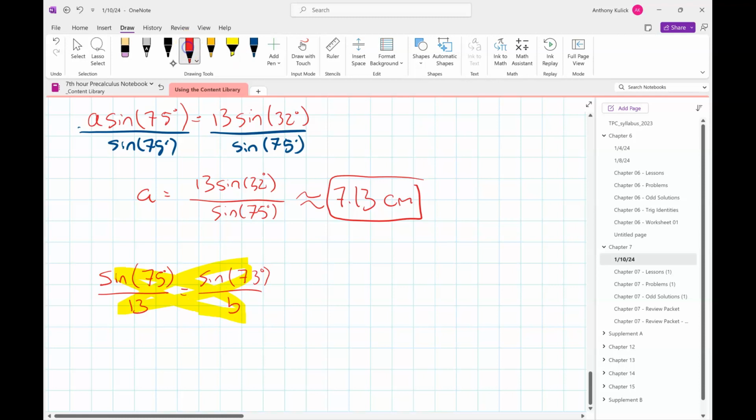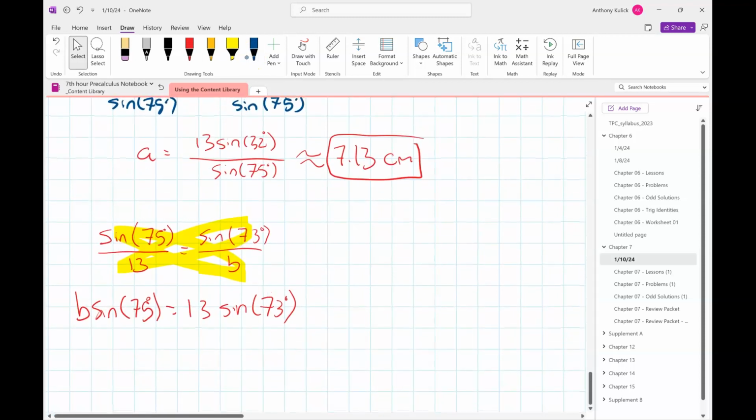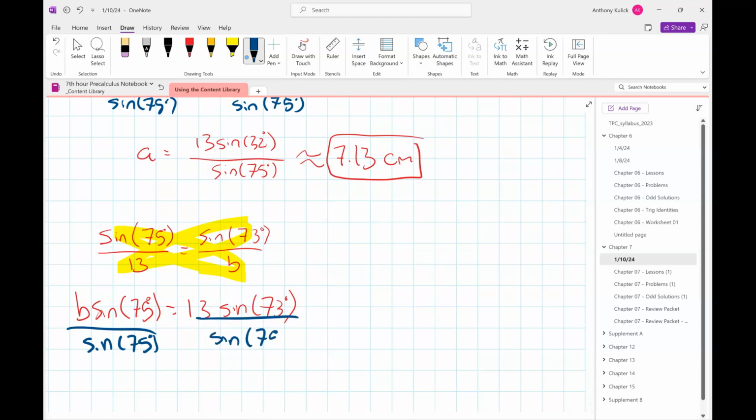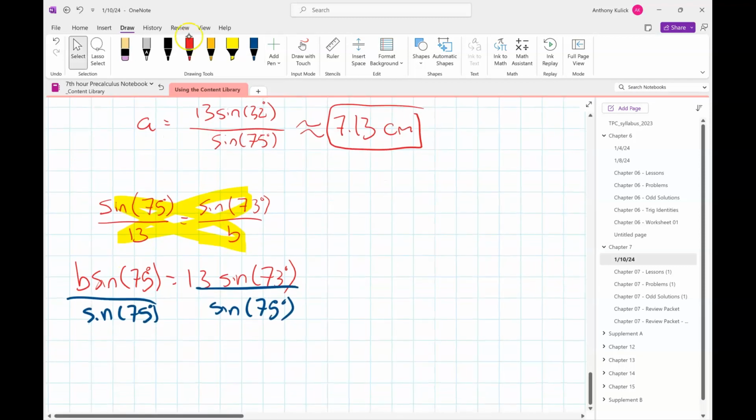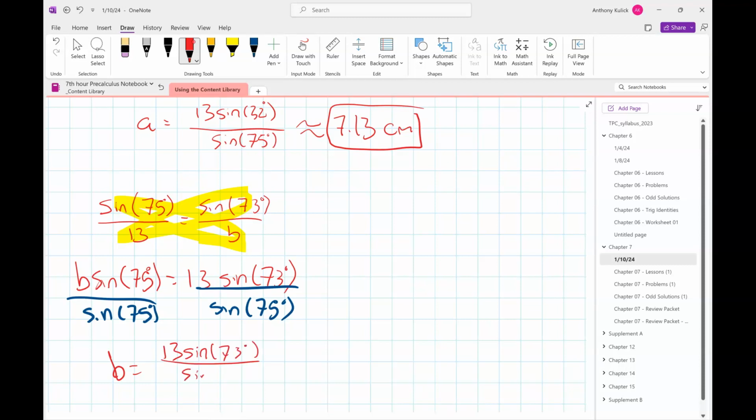Cross multiply. So b times sine 75 equals 13 times sine 73. We'll divide both sides by sine 75. So b is 13 times sine 73 over sine 75.